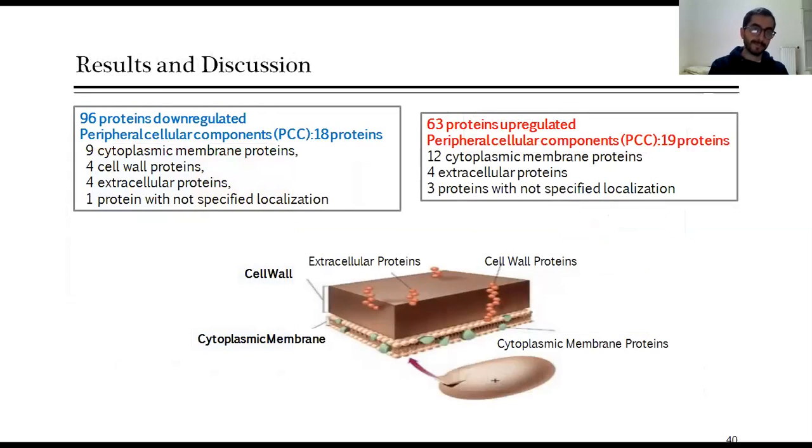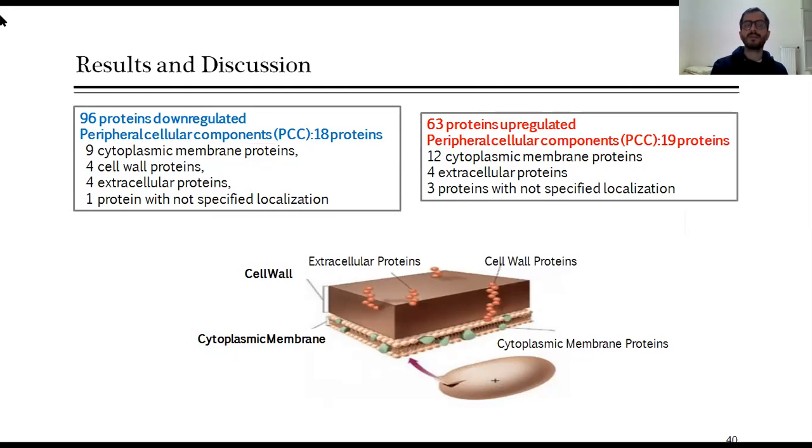Starting from the 96 downregulated proteins, it was possible to observe 18 proteins included in the group of peripheral cellular component, and starting from 63 upregulated proteins, 19 proteins were considered part of the peripheral cellular component.